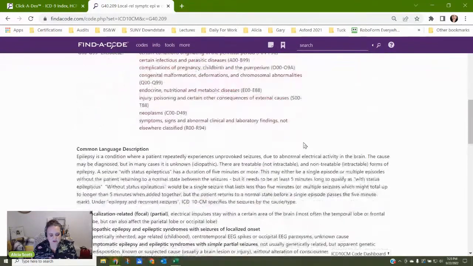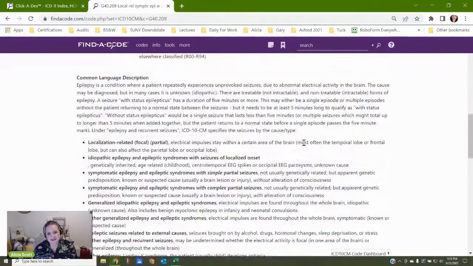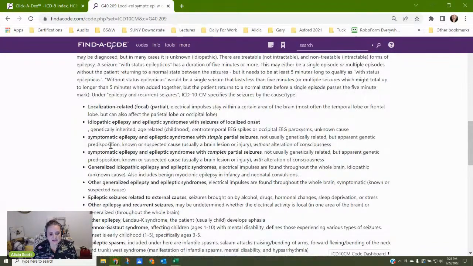Also, notice here something that you don't get in your manual is this additional information that breaks down all the different types. So if I'm reading the provider's documentation and he just put epilepsy with, as the code that he picked.